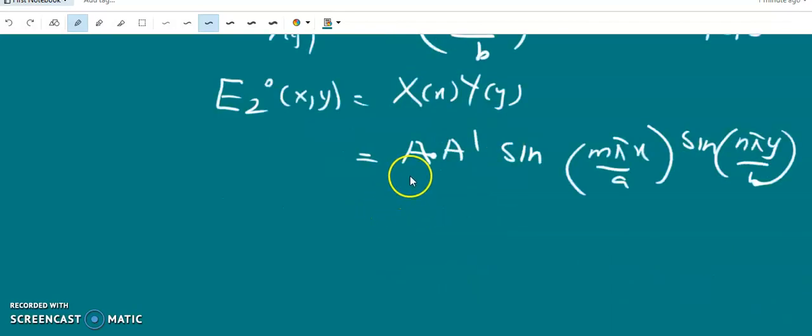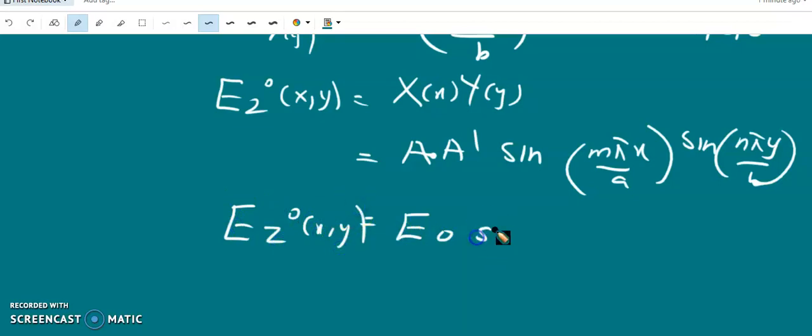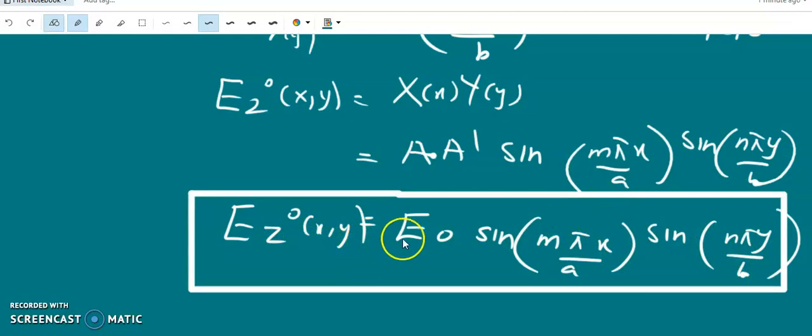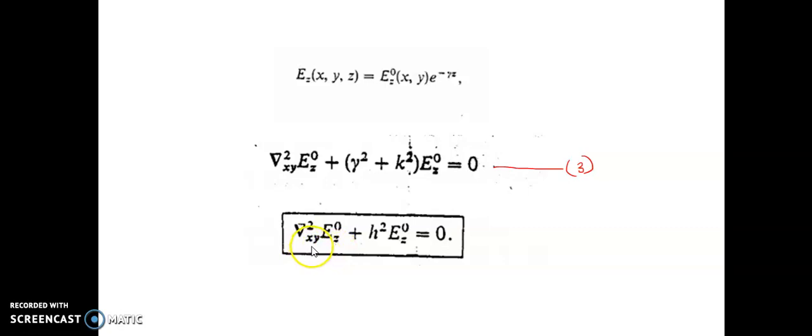We can call the product of those two constants another constant E0. So Ez0(x, y) is equal to E0 sin (m pi x by a) into sin (n pi y by b), where m can take integer values 1, 2, 3, etc., and n can also take integer values 1, 2, 3, etc. Therefore, this equation is the solution for the Helmholtz equation, del square xy of Ez0 plus h square Ez0 equal to 0.